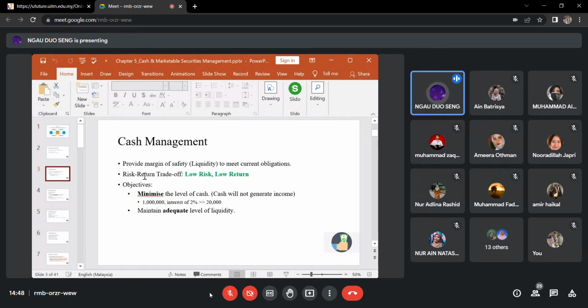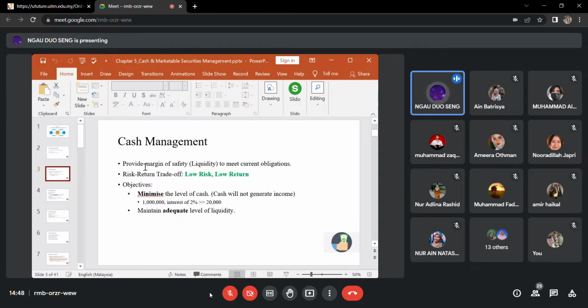Cash management here provides a margin of safety or liquidity to meet current obligations, for example to pay interest, or other current obligations.